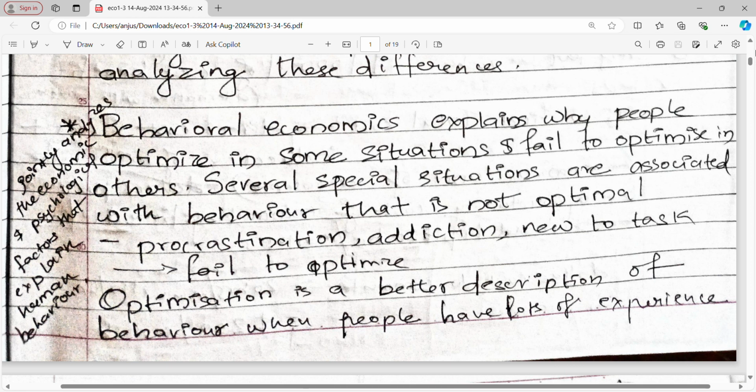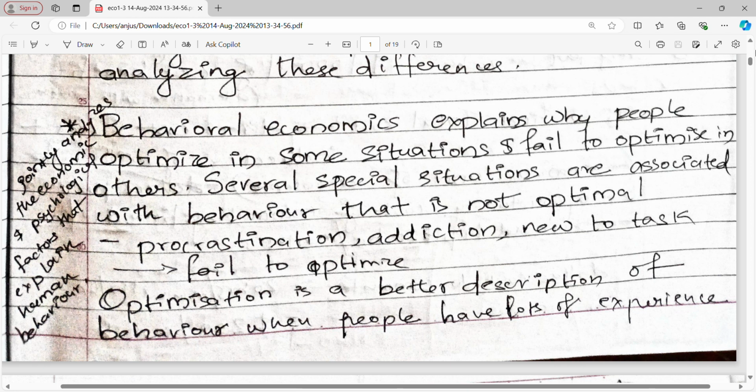Behavioral economics explains why people optimize in some situations and fail to optimize in others. As we said, economists assume people try to optimize, but they do not state that people always succeed. Behavioral economics explains why people fail to optimize.